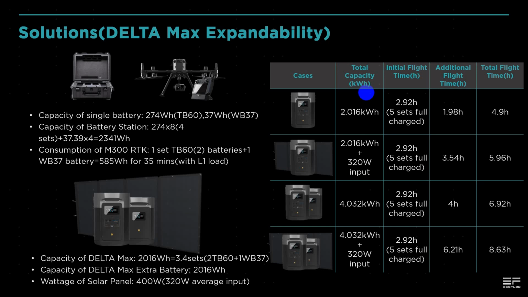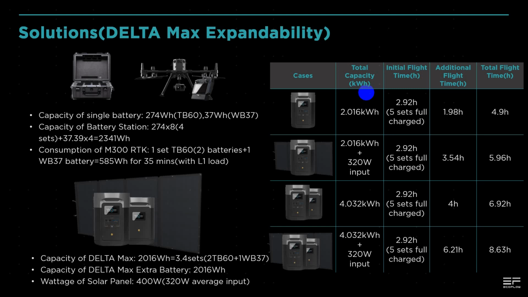It can fly for 35 minutes. The capacity of Delta Max is 2016 watt-hours. It's equivalent to 3.4 sets of 2 TB60 plus 1 WB37.